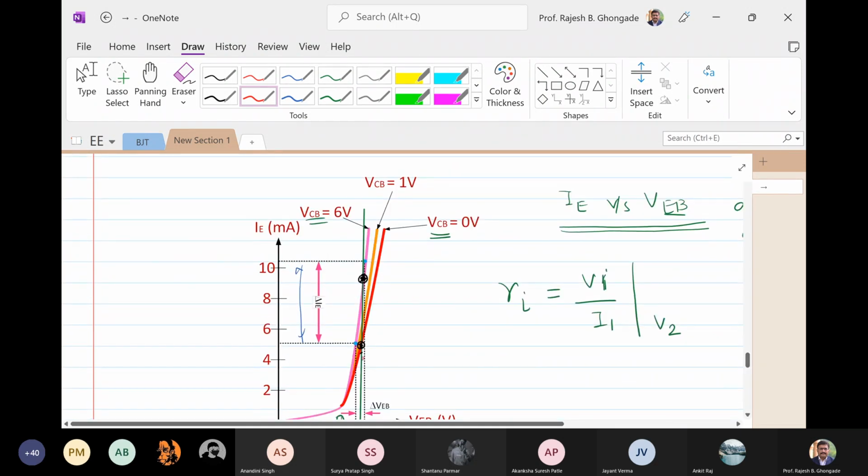For a constant value of VEB, if I change VCB from 0, that is this point over here, to VCB, I land up here and I land up in increase in the emitter current. समझ में आया? This phenomenon is called as base width modulation. ठीक है?